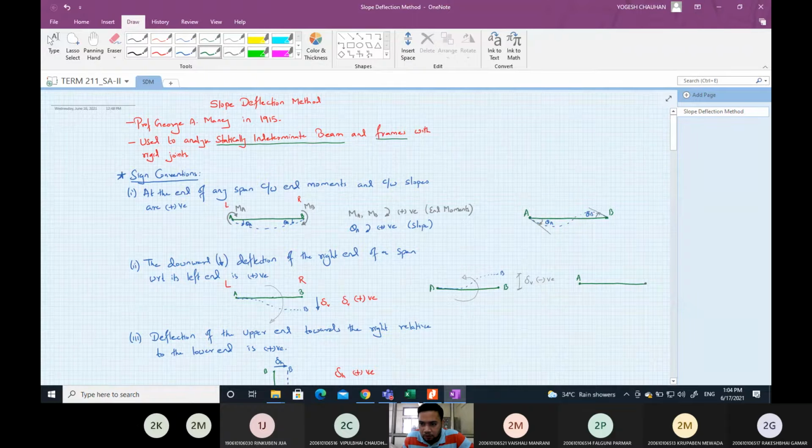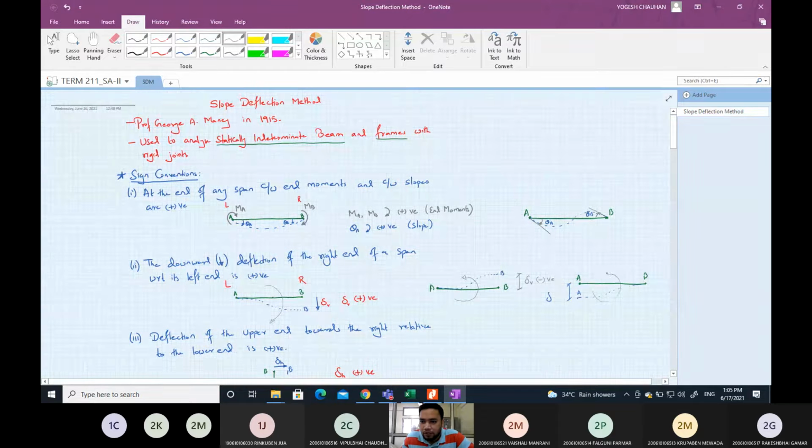This is A, this is B, and suppose that support A settles downward relative to support B, then this delta is also negative, because it will tend to rotate the beam in anti-clockwise direction. So it is negative.